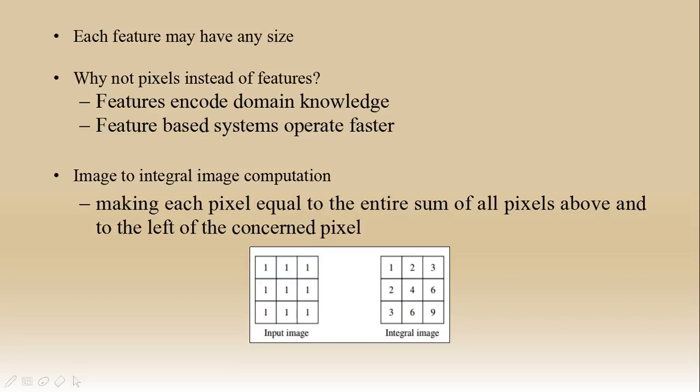Now let's take an example of this particular pixel 4. This is attained by taking this pixel into consideration. So 1 plus 1 plus 1 and the pixel itself gives us a value of 4.